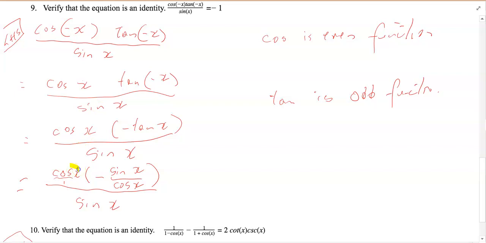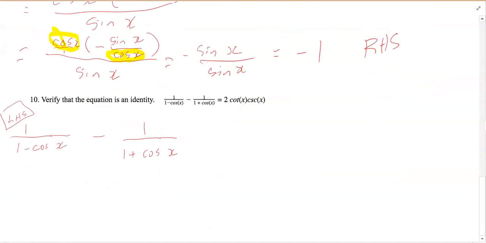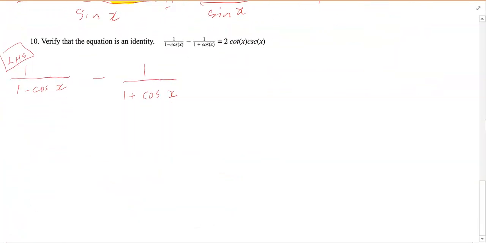And so this cosine of x will cancel the cosine of x down the bottom. And so this becomes negative sine of x over sine of x, and that's equal to negative 1, and that's your right-hand side. And we're done.